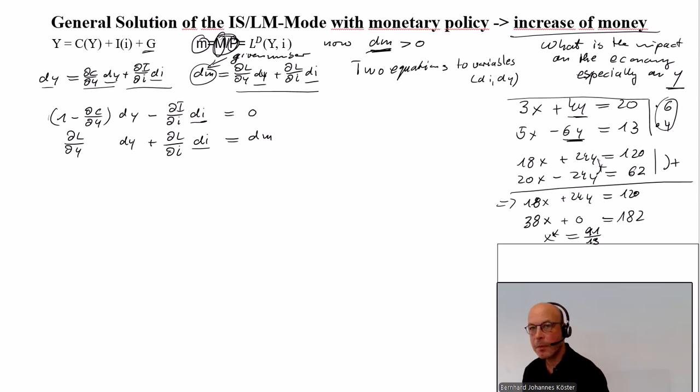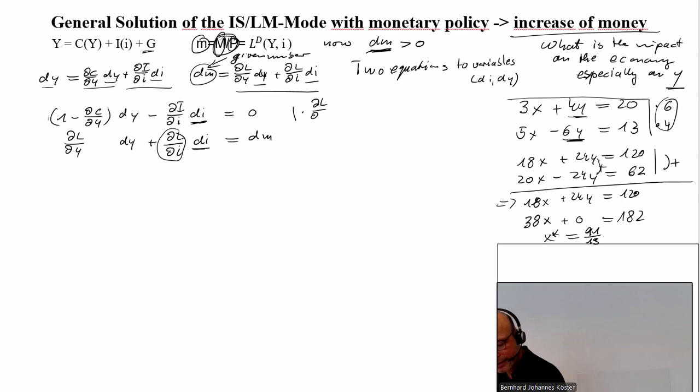The same we are doing here. We want to get rid of this. Then we have to multiply the first one with the coefficient of the second one, so times dL/di, and this one the other way around, times dC/di.